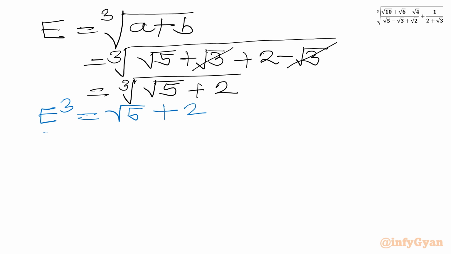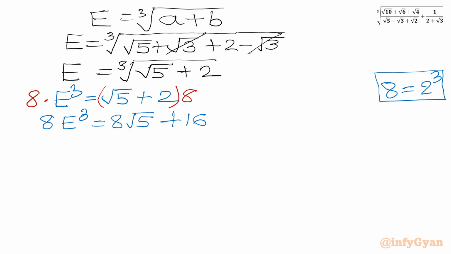Now multiply both sides by 8. So 8 E cube equal to 8 root 5 plus 16. Now 8 can be written as 2 cube. So the LHS can be written as 2E whole cube. And on the RHS, 8 we will split as 5 plus 3. So we can write 5 root 5 plus 3 root 5.